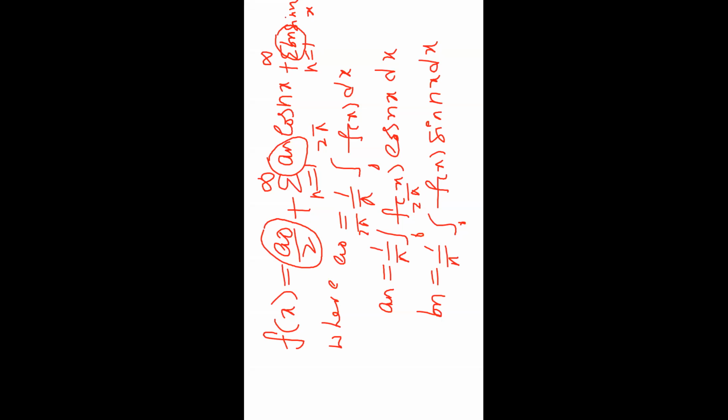So, taking one example problem. That example is f of x equals e power x, expand as a Fourier series in the limit 0 comma 2 pi.